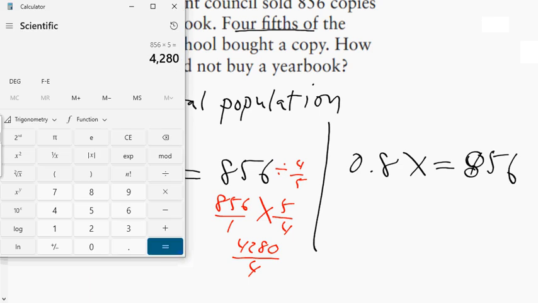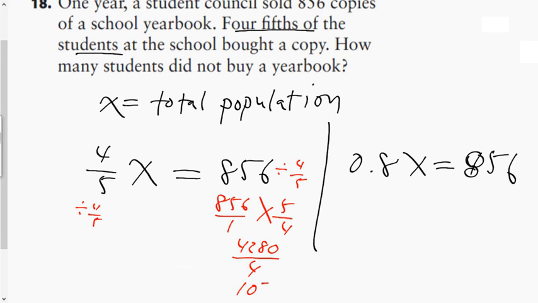Take that 4,280 and divide it by 4, and you get 1,070 equals x. You could have done it that way. Bizarro, but you could have.